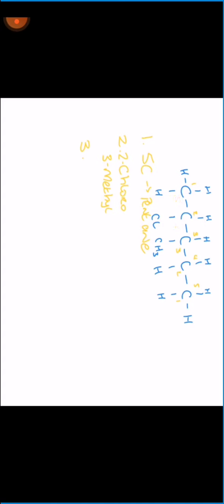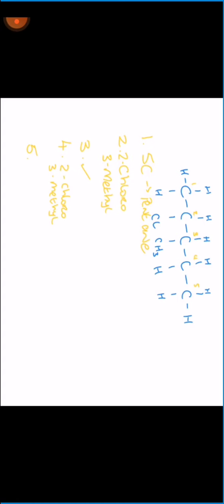So I'm just going to remove these ones here. So we've now numbered it correctly. Step 4 is to indicate the position of your substituents. So I've done that. It's 2 chloro and then it is 3 methyl. And the last step then is to assemble your name alphabetically. So pentane will always go on the end.